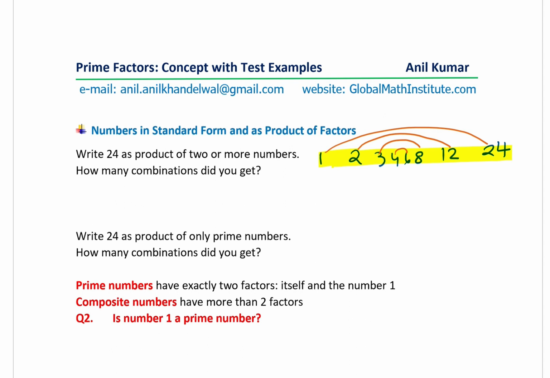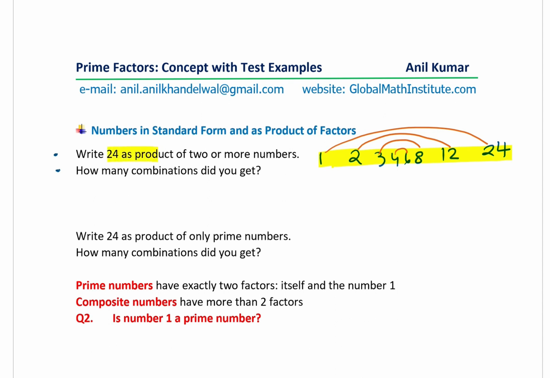Now in this particular slide, we will now understand how to write 24 as product of two or more numbers and how many combinations did we get. So these are the two questions to answer. So I've already shown you something here which says you could get 24 as a product of two numbers.